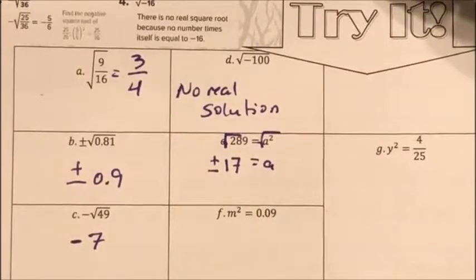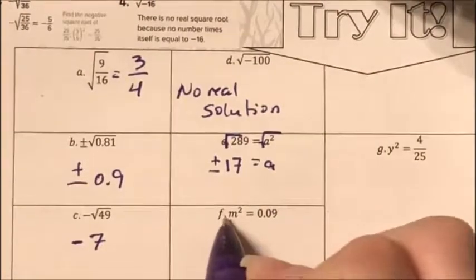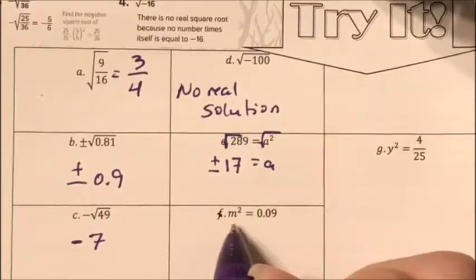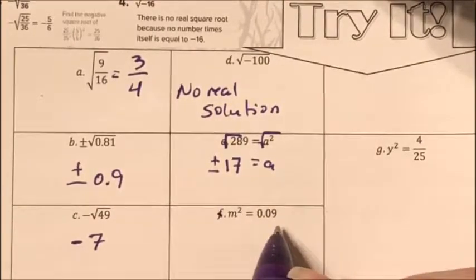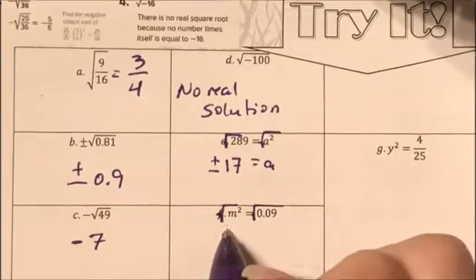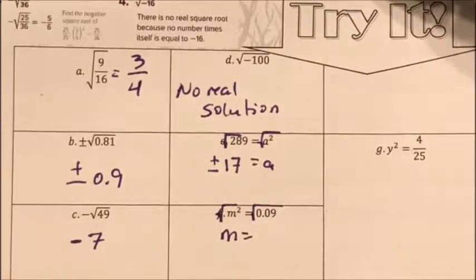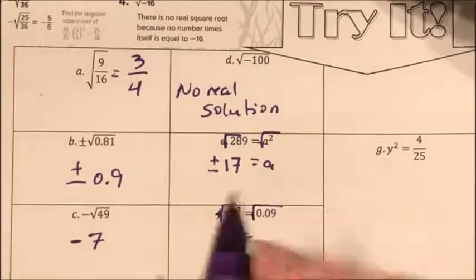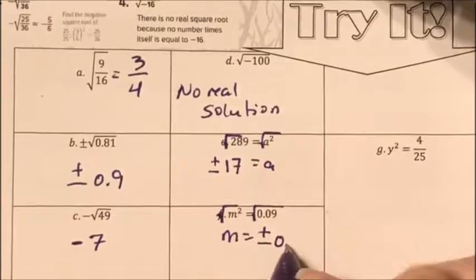So I can have a positive 17 or I could have a negative 17. Okay, I can do the same thing down here for F. m squared equals 0.09. I can square root both of these. I get m equals plus or minus 0.3.